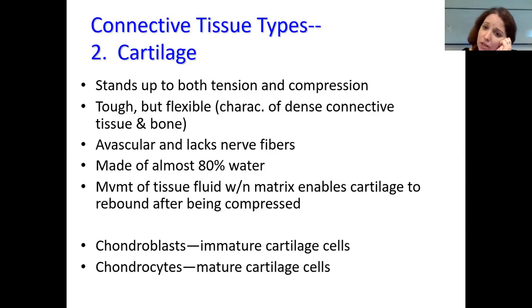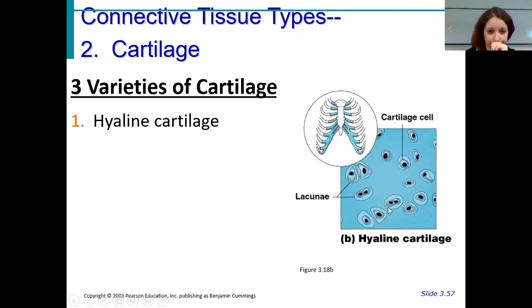It will eventually heal to probably functionality, but really bad sports injuries will end careers and other things when you damage the cartilage. Made up of almost 80% water. It can rebound after being compressed, and you have chondroblasts and chondrocytes for the cartilaginous cells.